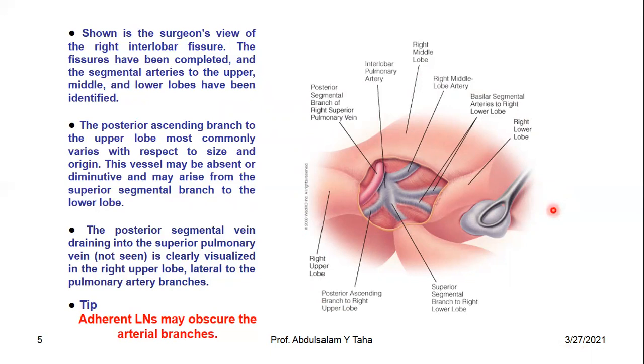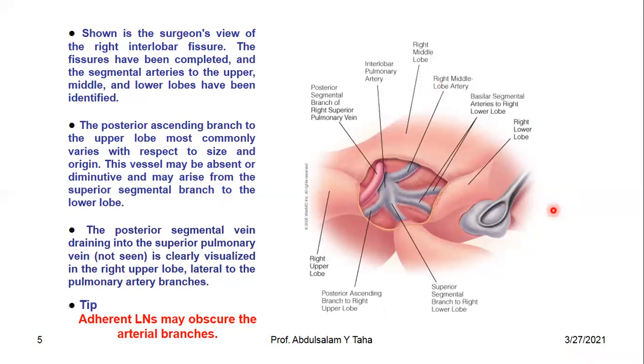The first step in doing lung resection is to enter the thoracic cavity, and any adhesions between the lung and the chest wall, diaphragm, and pericardium should be divided by blunt and sharp dissection.